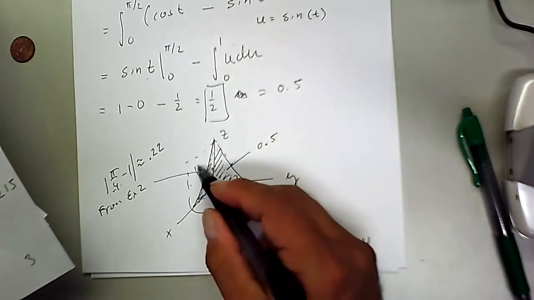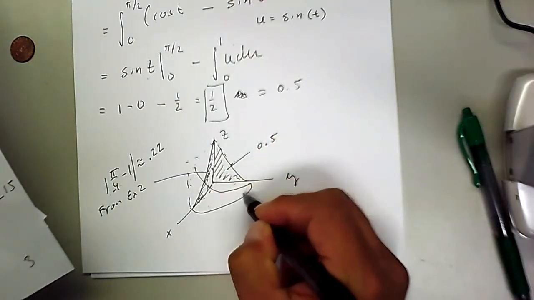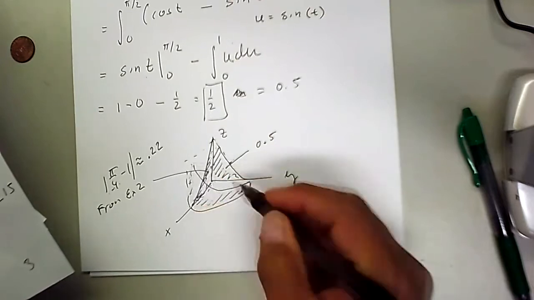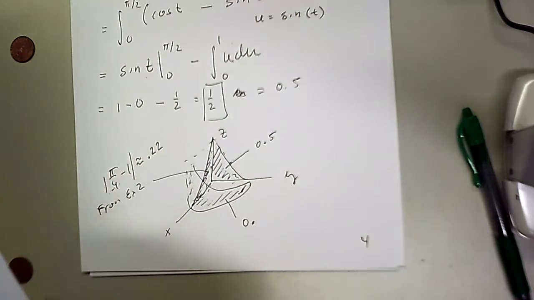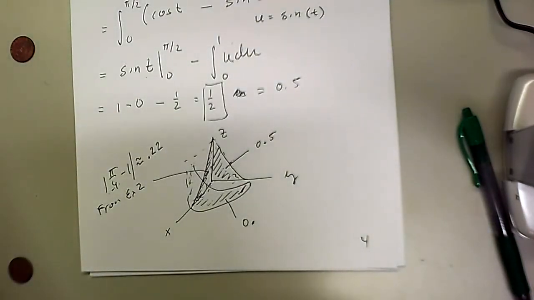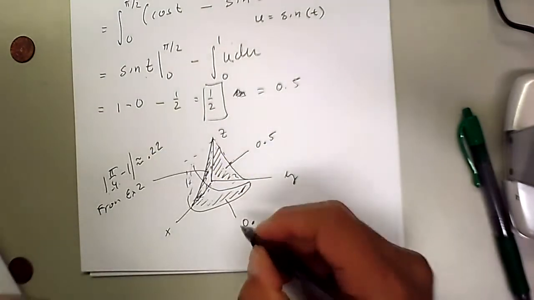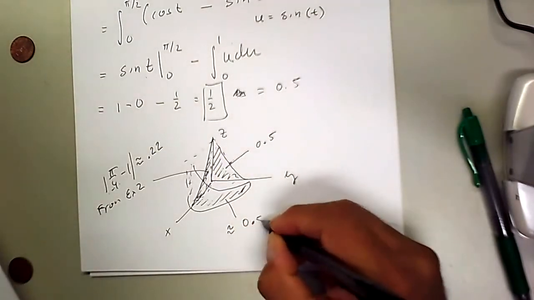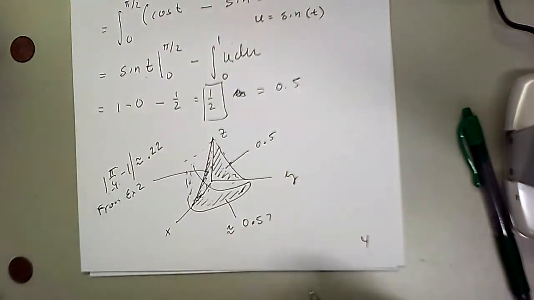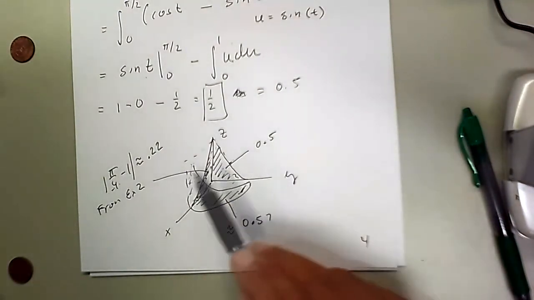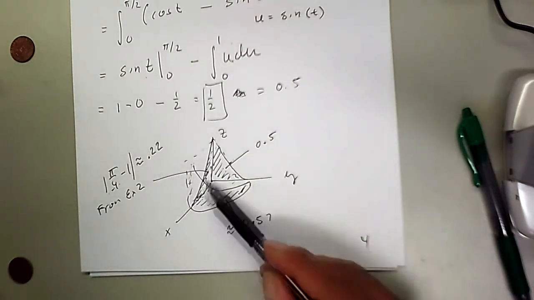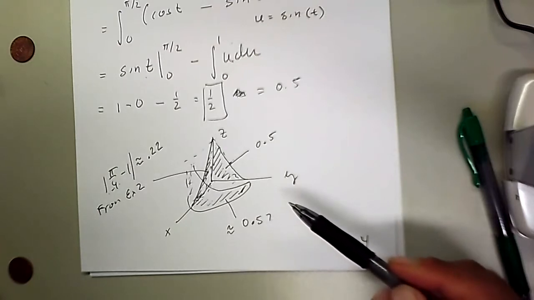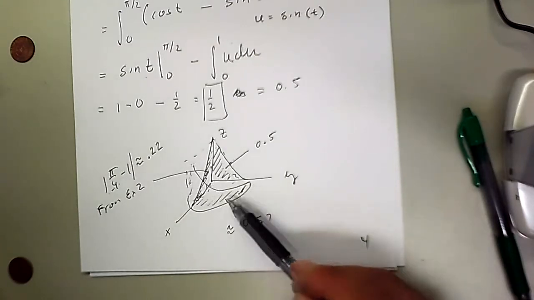And we knew that this area here was example 1, about 0.57. So something I wanted to show you is adding this with that is not going to give us this one because it's curving and the projection is not the same as the area of the object that is being projected.